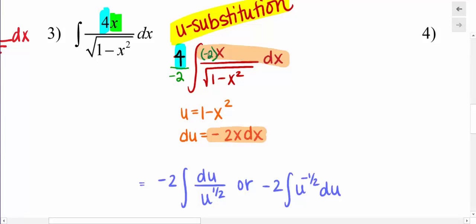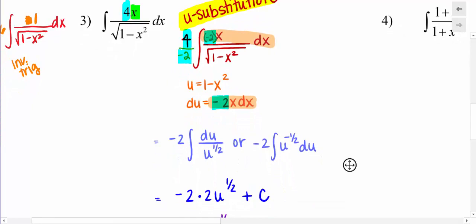I need a negative 2 inside. So I'm going to multiply the negative 2 inside, so I'm going to divide the negative 2 outside. So I end up with negative 2 times the antiderivative du over u to the half. So this worked out perfectly for u-substitution.